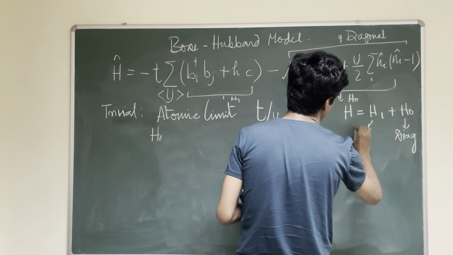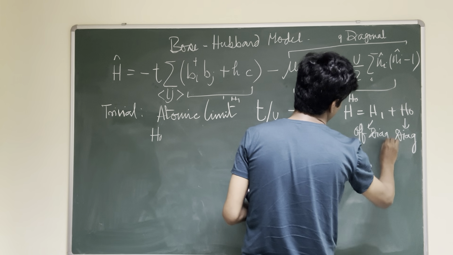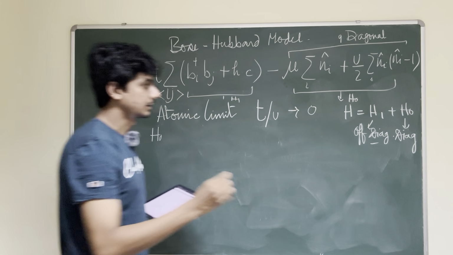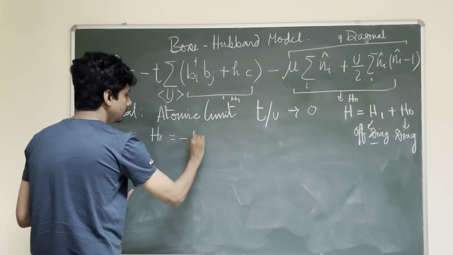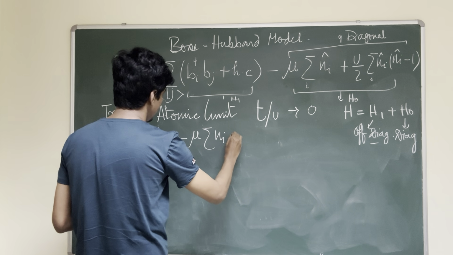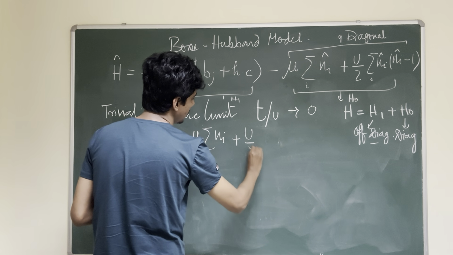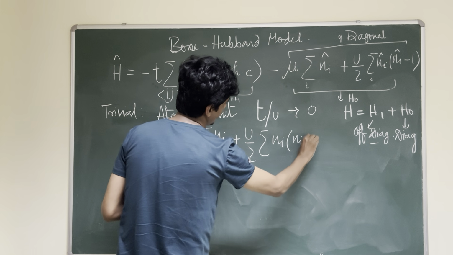So H0 is basically minus mu n_i plus U by 2 n_i (n_i minus 1).